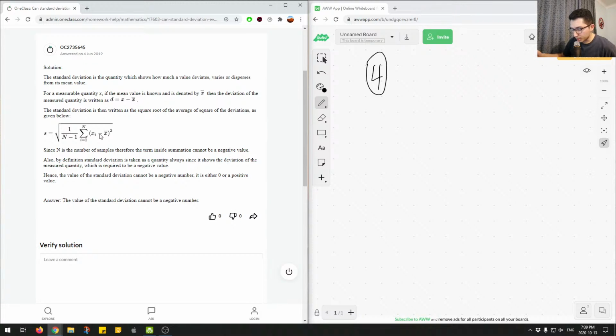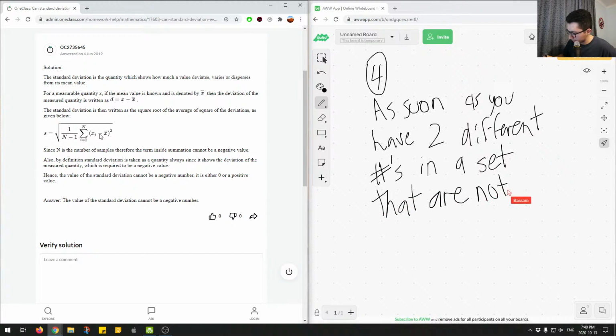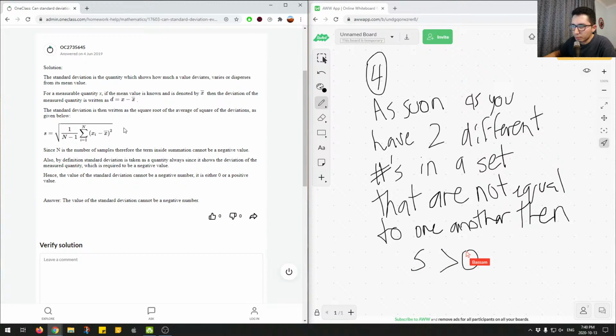Another thing you should know for standard deviation is that as soon as you have at least two different numbers in a set that are not equal to one another, then the standard deviation will be greater than 0, so it will be positive.